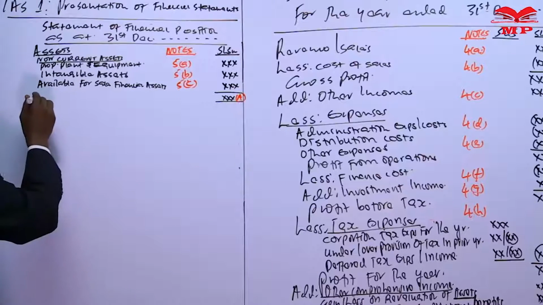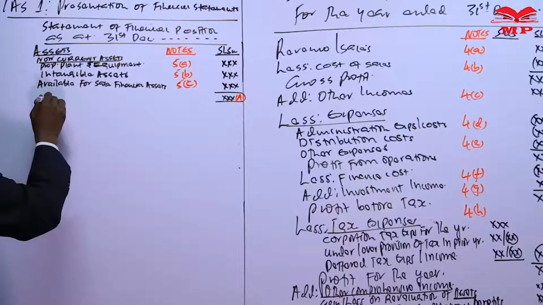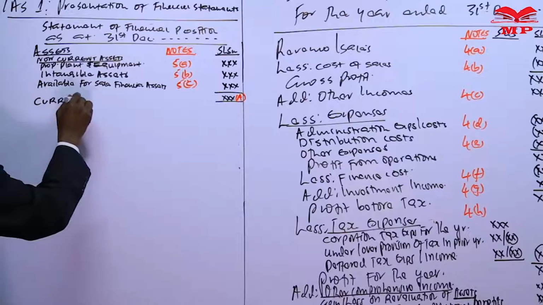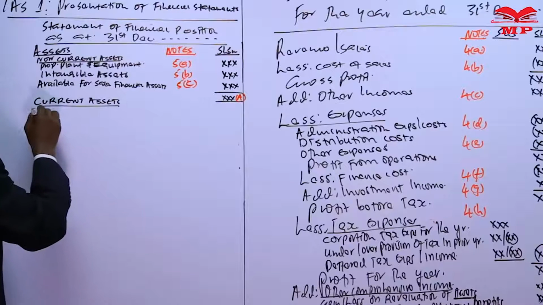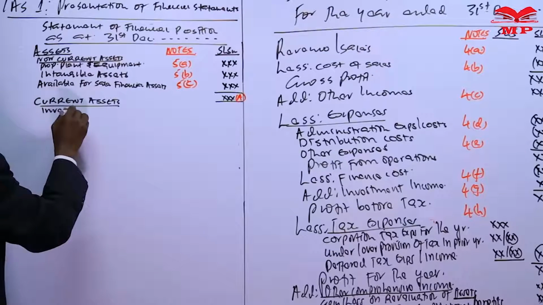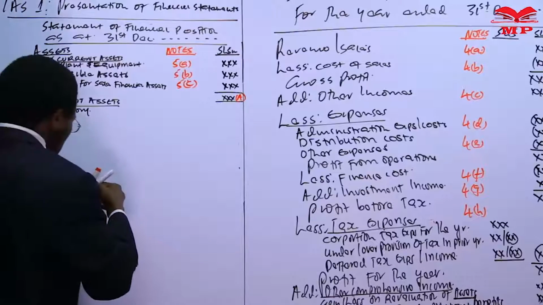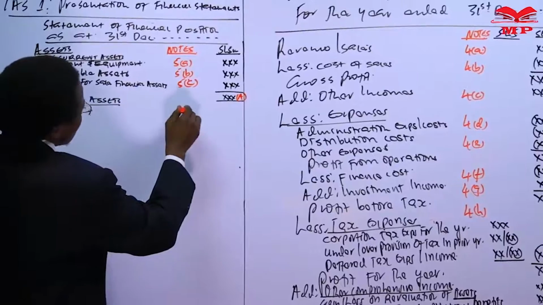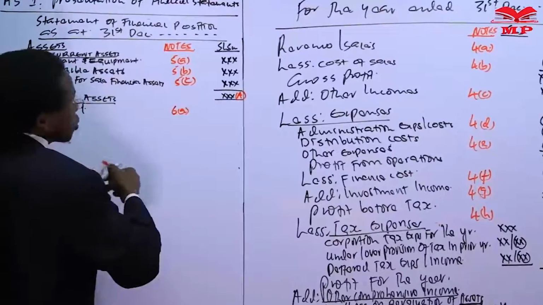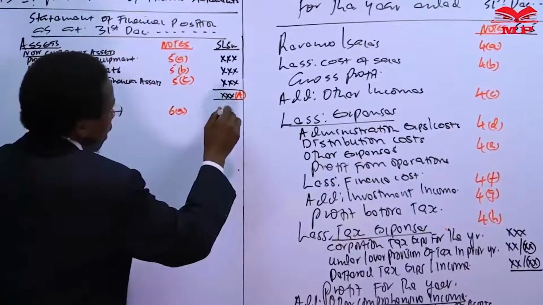Then you move on to current assets. The current assets, we have inventory. Maybe inventory is note number 6A, something like that. So you'll have it here.